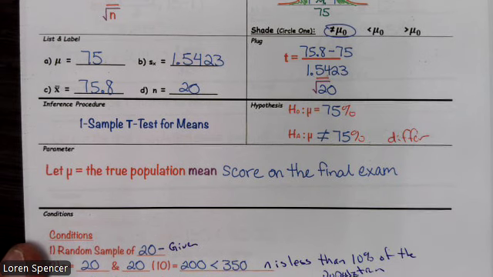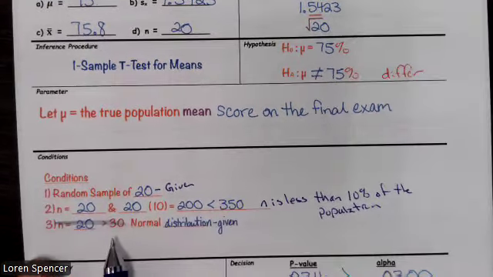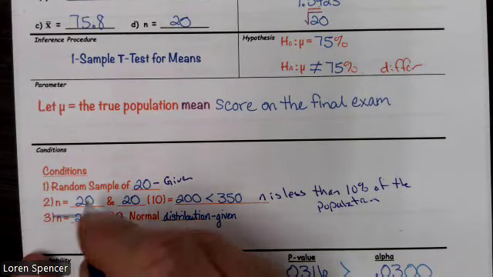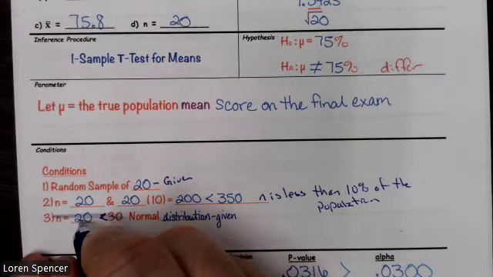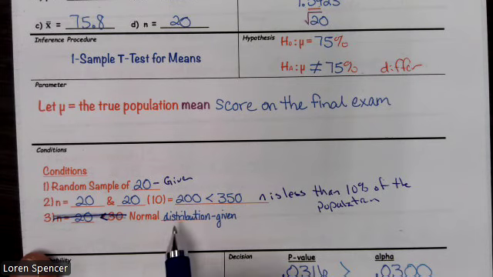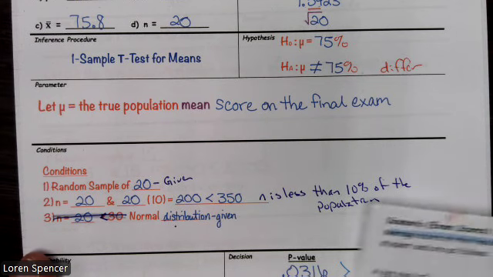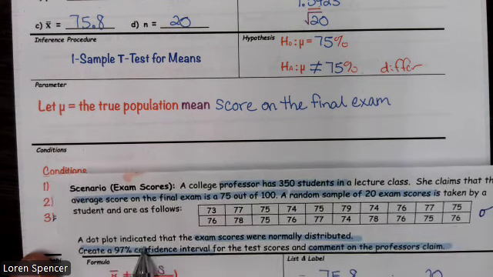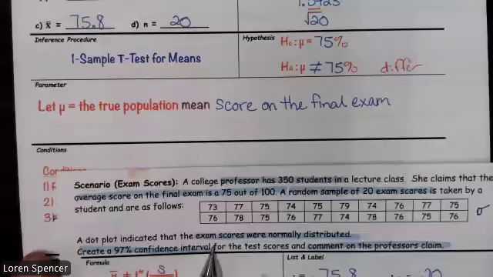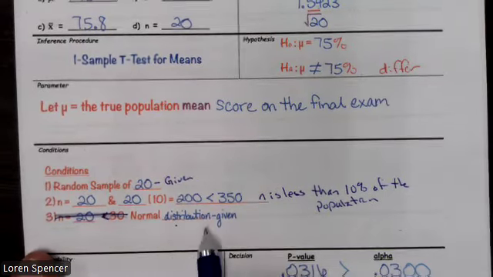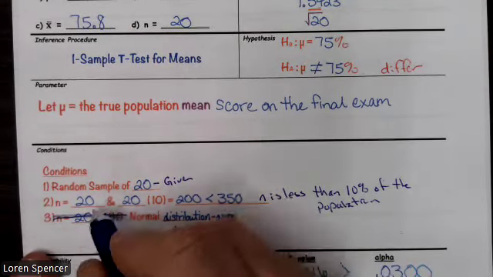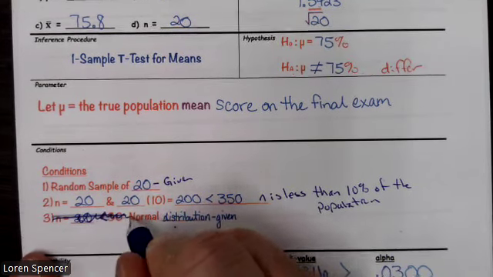And finally, although my sample size is less than 30, that failed. The normal distribution was given because they said that there was a dot plot. They told us a dot plot indicated the exam scores were normally distributed, so we were good to go because it told us normal was given. We could not use normal by central limit theorem.